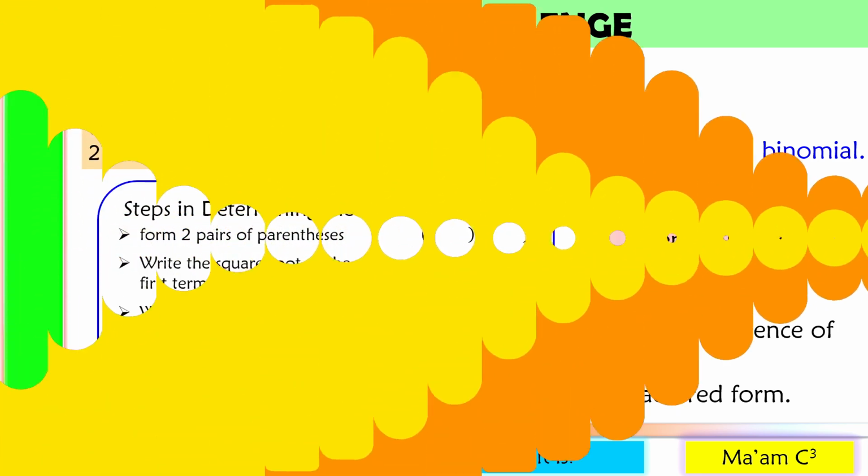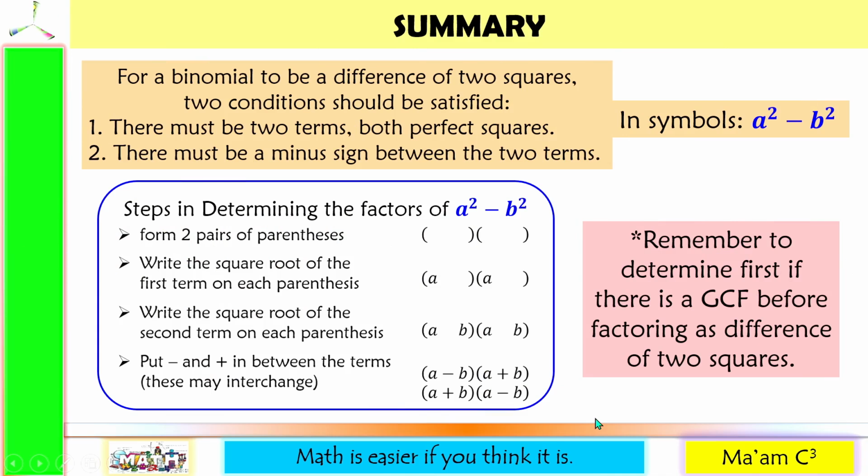For the summary, here are the things that we learned in this lesson. For a binomial to be a difference of two squares, two conditions should be satisfied. Number 1, there must be two terms, of course, and they should both be perfect squares. And number 2, there must be a minus sign between the two terms. That is why it is called difference.